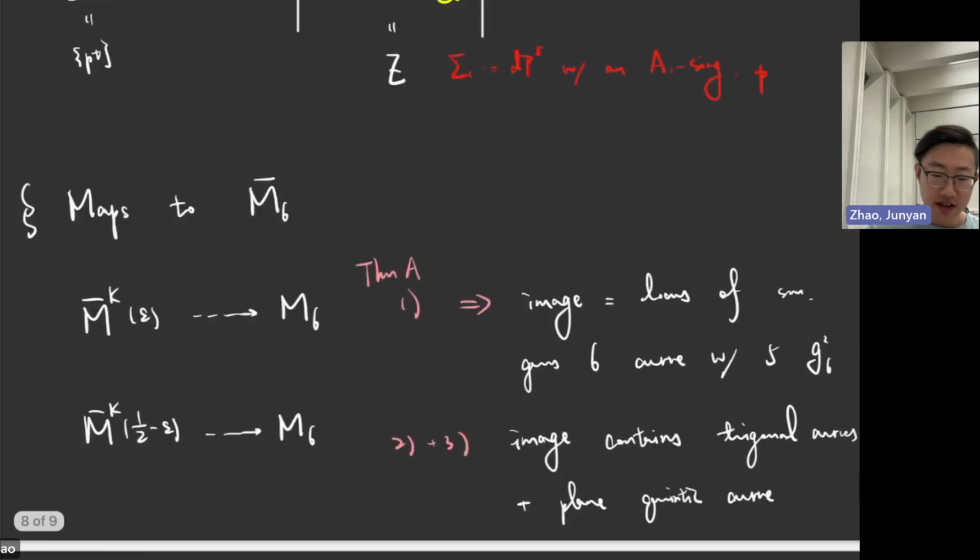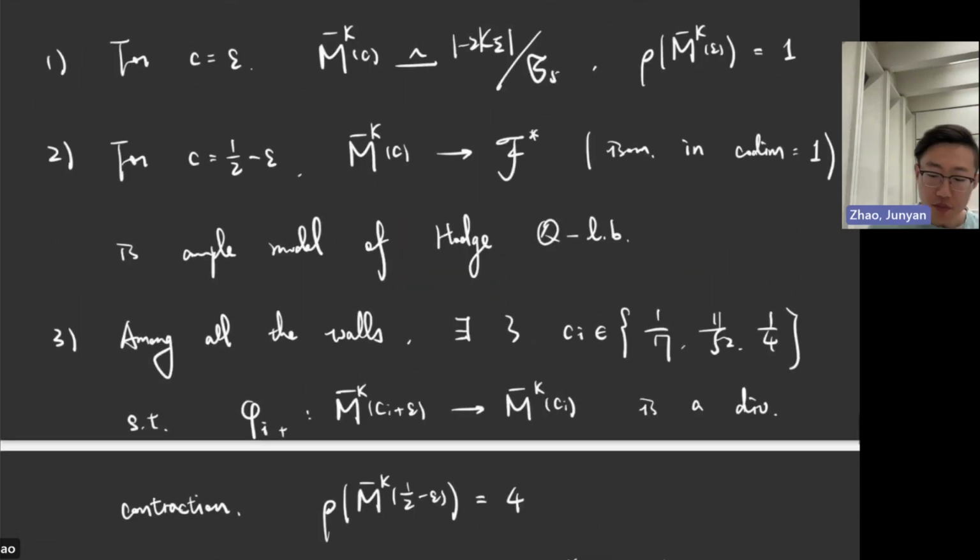Why is that? Remember that we have these walls 1/4 and 11/52. After the wall crossing at 11/52, you'll recover almost all the trigonal curves, and at 1/4 you'll recover the plane quintic curves, meaning that they will appear as a boundary divisor part of a pair in the K-moduli space.